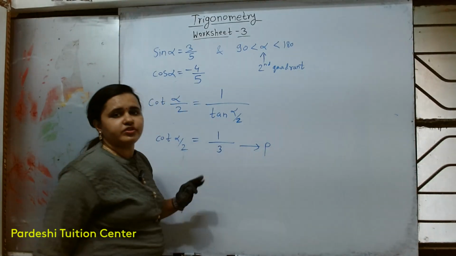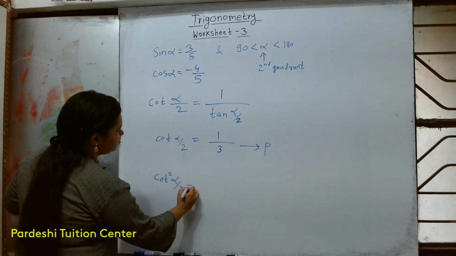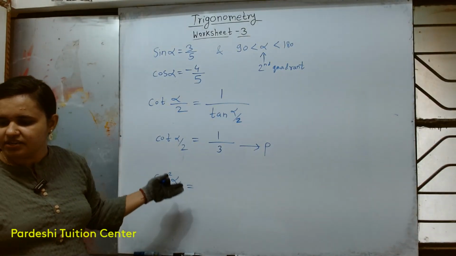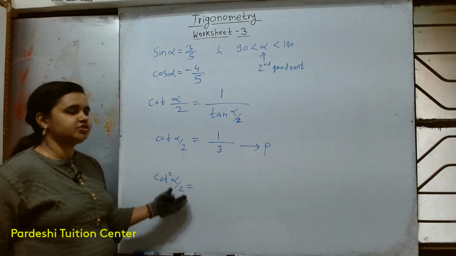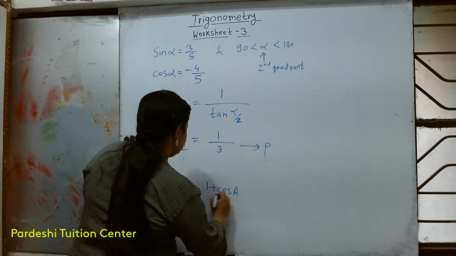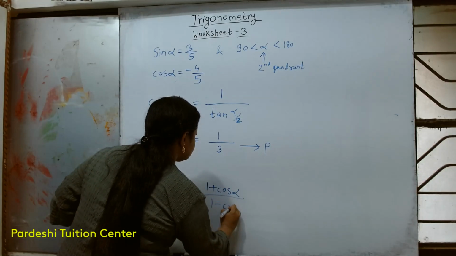You can also solve this by cot square alpha by 2. Tan square alpha by 2 was (1 minus cos A) upon (1 plus cos A), so cot square alpha by 2 will be (1 plus cos alpha) upon (1 minus cos alpha).